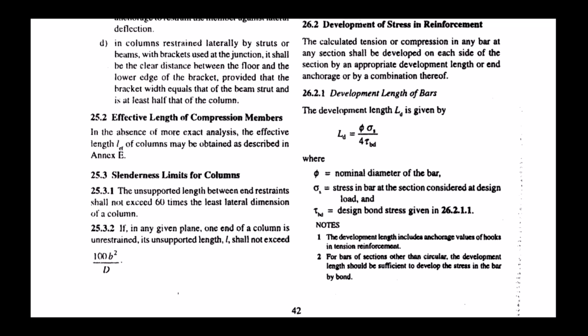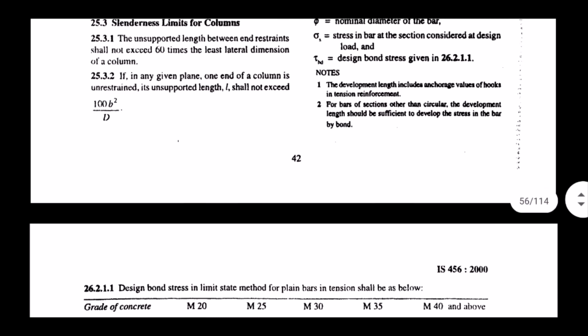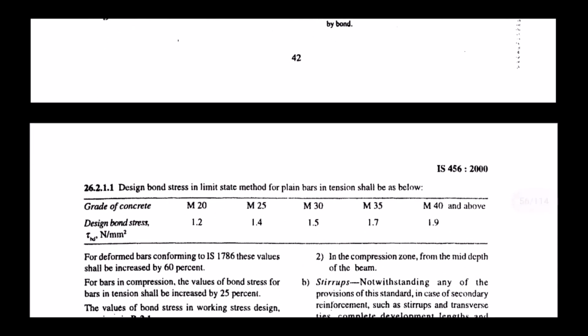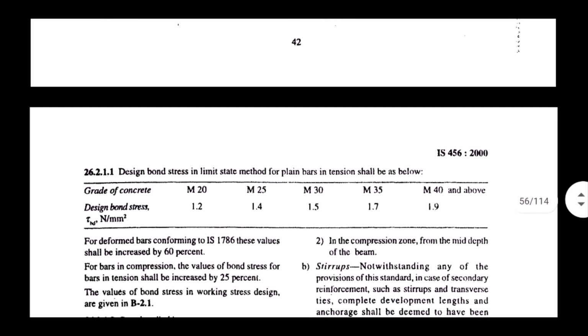The value of tau BD is given in clause number 26.2.1.1. For grade of concrete M20, the value will be 1.2, and for deformed bar it shall be increased by 60%, right? So let's go to the notes and check how these are applied in solving the design problem.